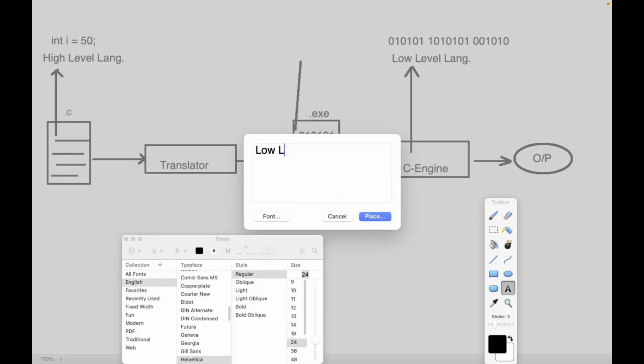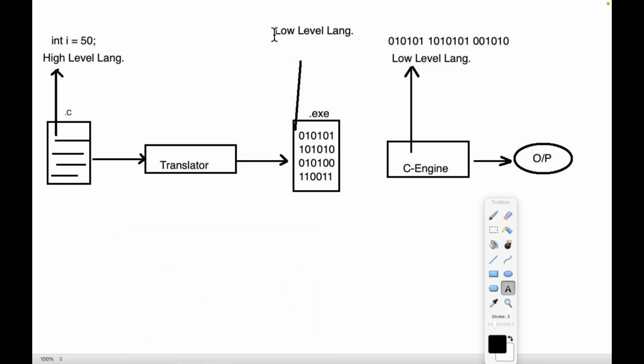Whenever we get this low level language representation, then if we directly give it to the C engine, the C engine will automatically execute it and provide some output for us.